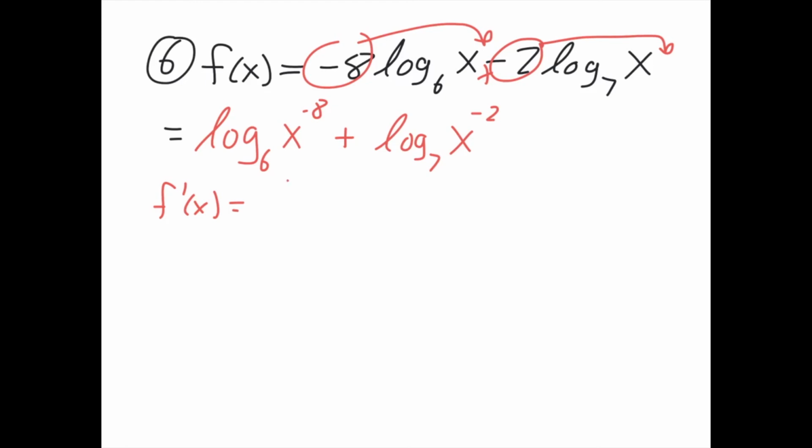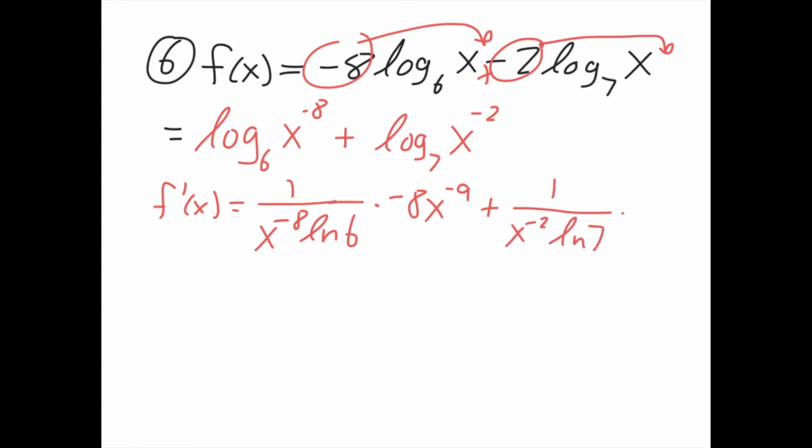We'll have 1 over, leaving the inside alone, x to the -8th ln of 6, times the derivative of the inside, which would be -8x to the -9th, plus, similarly over here, we'll do the same chain rule idea, 1 over x to the -2 ln of 7 times -2x to the -3.